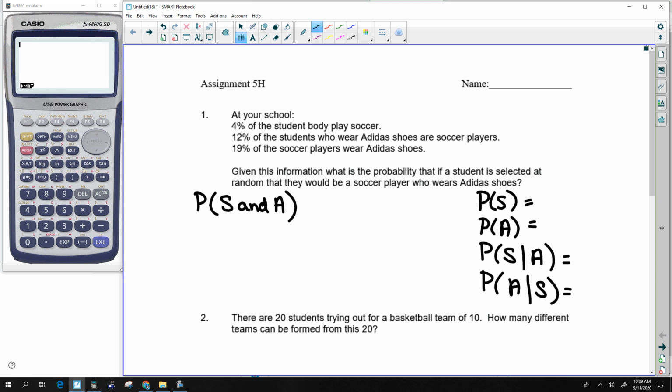4% of the student body plays soccer, so that would be the probability of being soccer. 12% wear Adidas shoes. Okay, 12% of the students who wear Adidas shoes are soccer players.